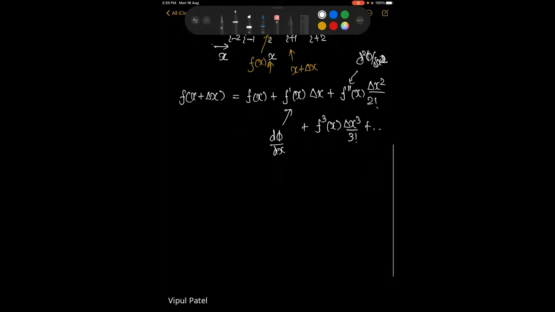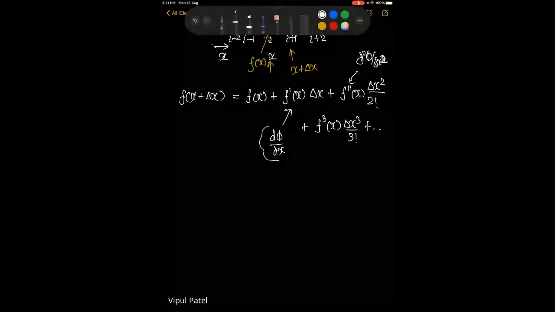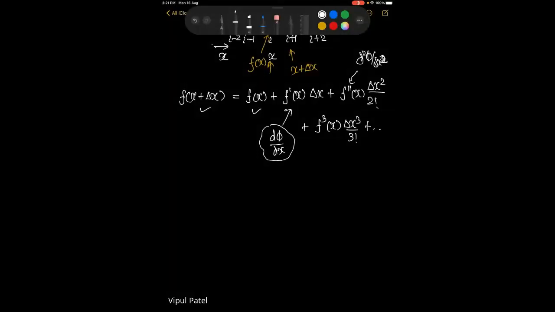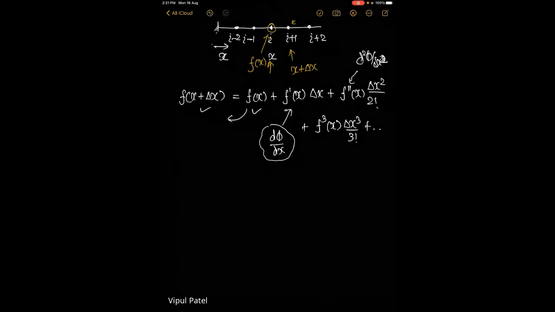Right? So we are interested to express this particular term d phi by dx in terms of finite difference between given function. Okay. So what we can do, we can take all the variable on the left hand side and express f prime x.